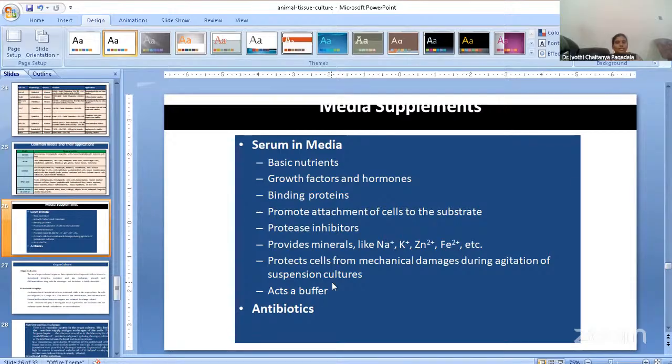So this protects from mechanical damage during the continuous agitation in suspension cultures. So serum media acts as a buffer, giving a favorable environment for the cells.